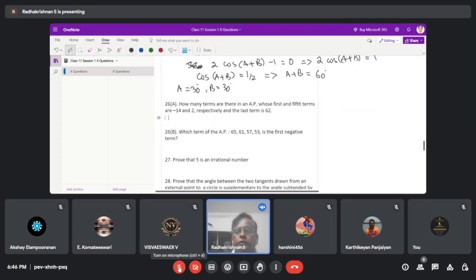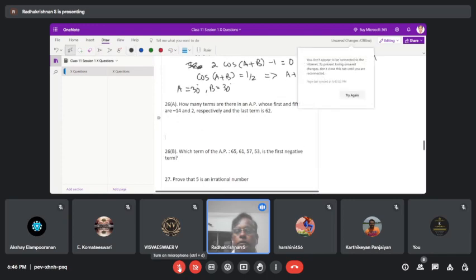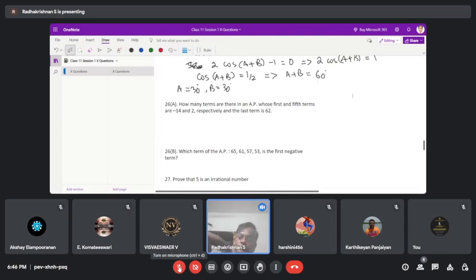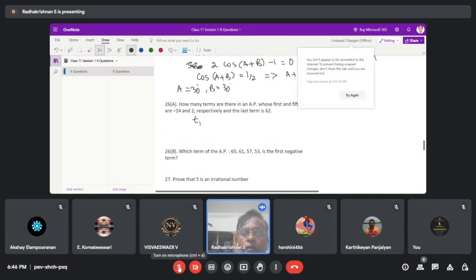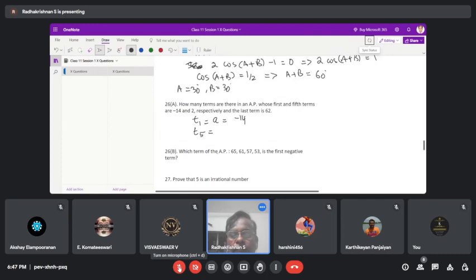Okay, let's do this problem. How many terms are there in an AP whose first and fifth terms are minus 14 and 2 respectively, and the last term is 62? Looking a little complex, but if you apply the formulas, it will be very easy. It is given T1, which is A, is given as minus 14, and T5 equal to, what is the formula for T5?